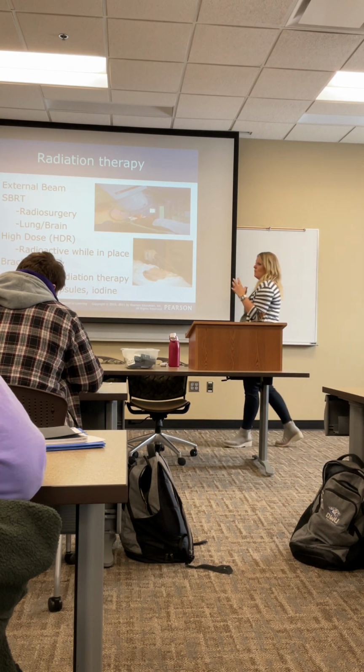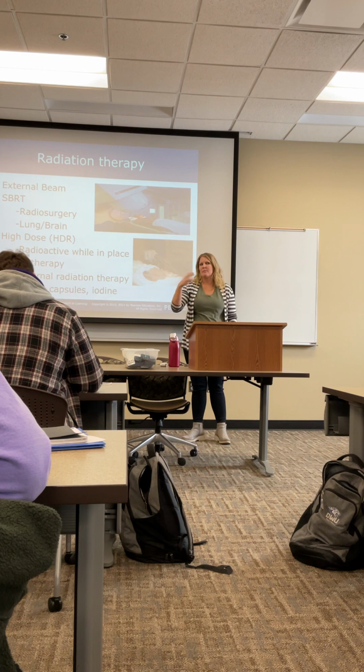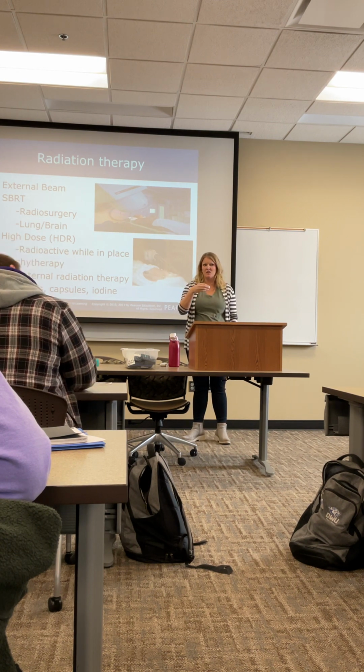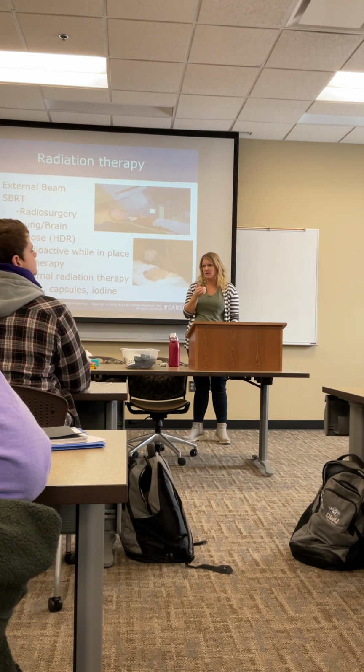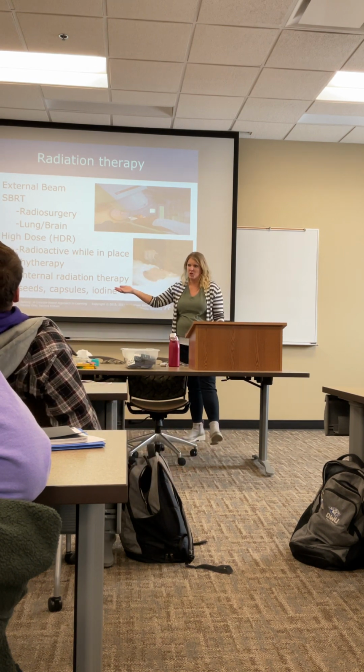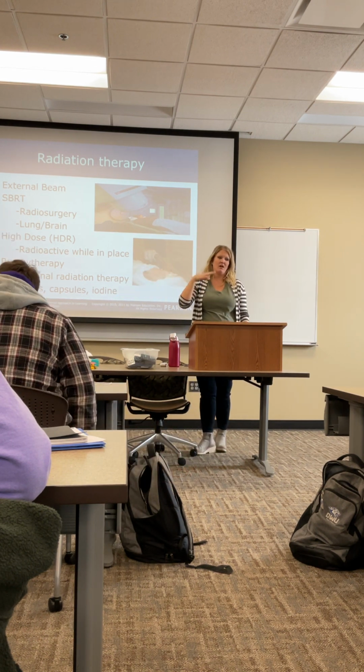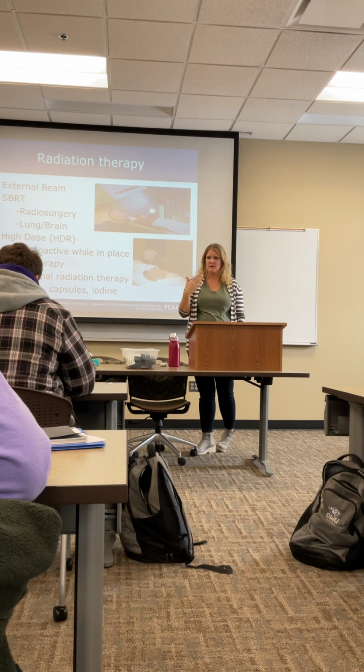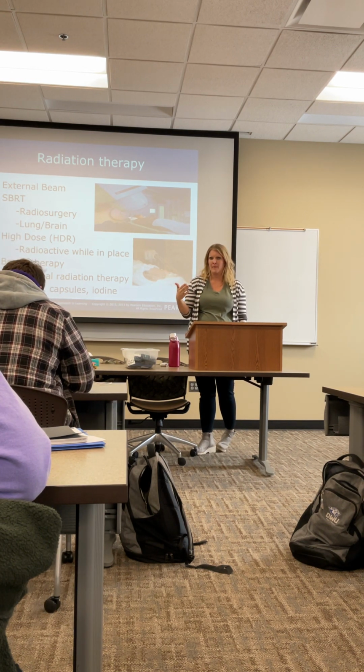They can't just come one time and then they zap them with 5,000, because you'd burn the crap out of their skin, right? So they split that over several treatments. So patients who are going through radiation, they have to go Monday through Friday, same time, every day, until they get to their dose that they need, okay?